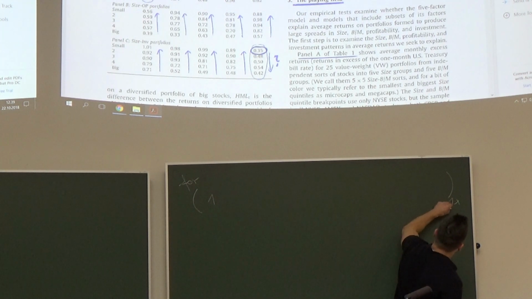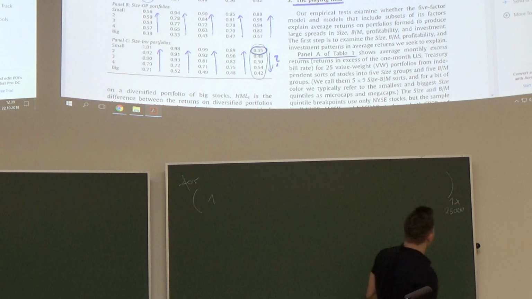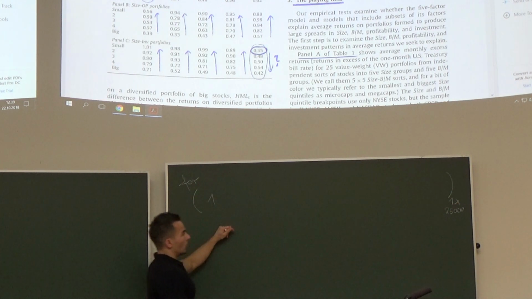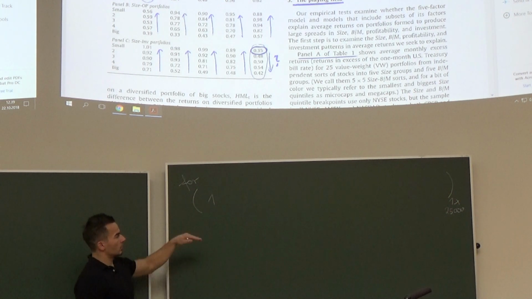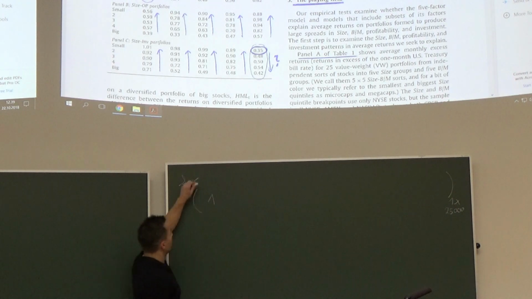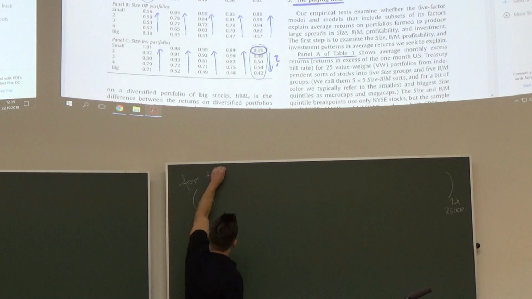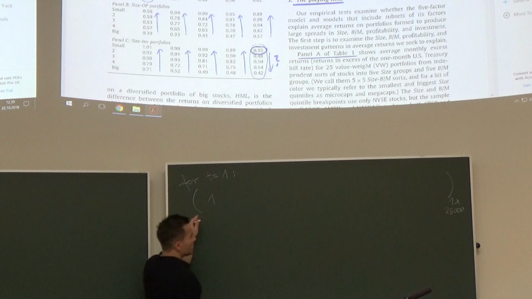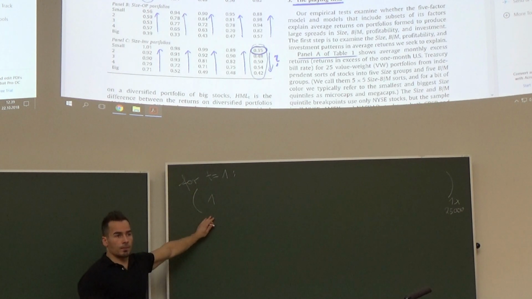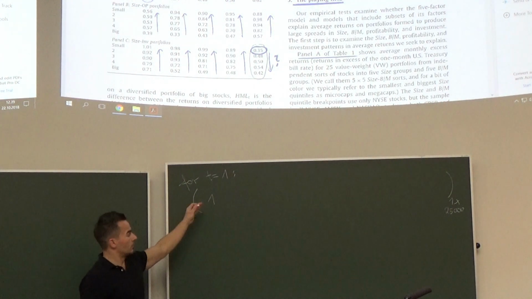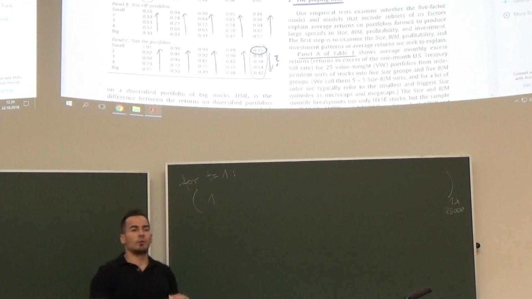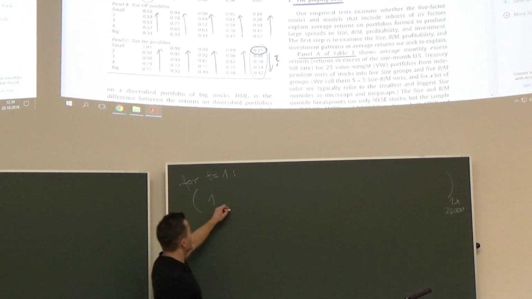Then you go through all the stocks in your stock universe for each point in time, starting at t equals 1. It gives you a value of 1 if the stock fulfills the conditions we have coded, and a 0 otherwise.